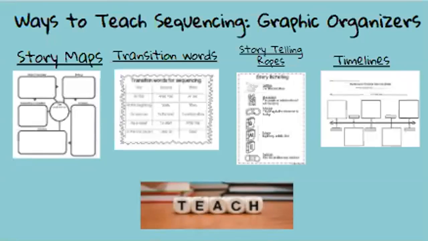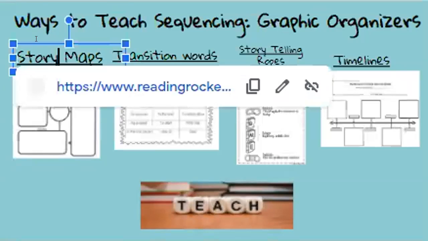Another good tool would be sequencing sticks, story chains, or storytelling ropes. These are tools that can help us help our students practice ordering events within a story. And we do have some examples for you here. Each of these is a link to bring you to the graphic organizers.